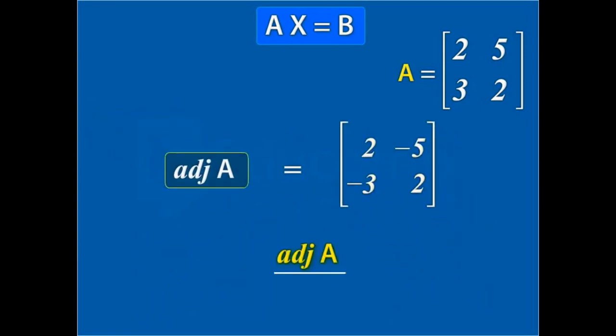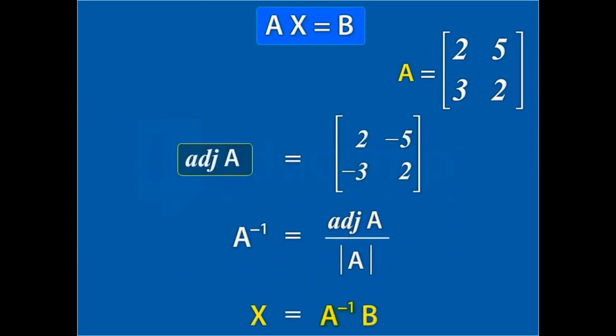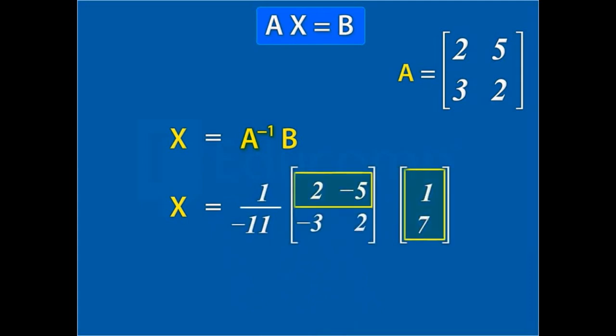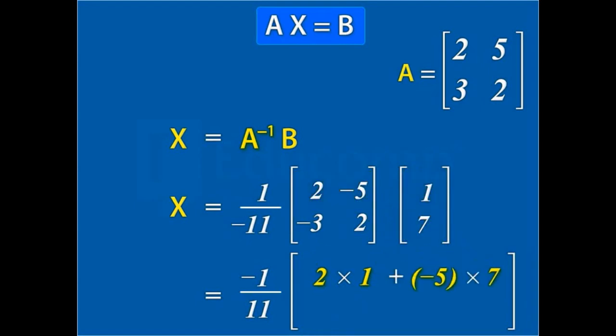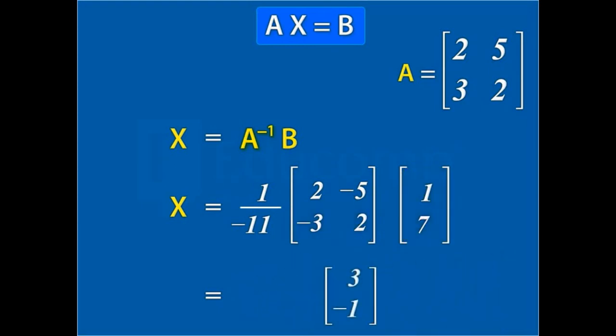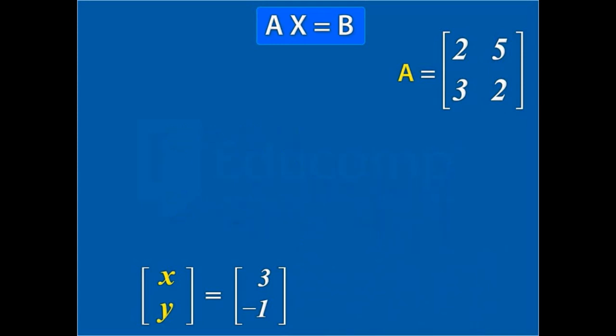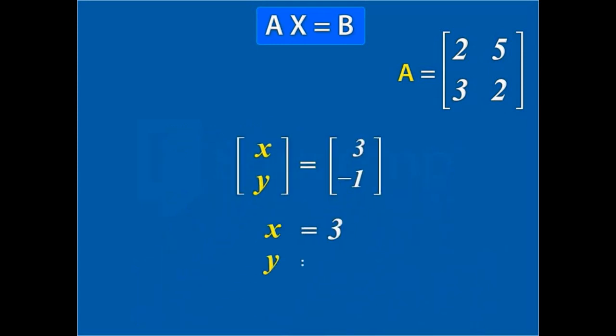When adjoint A is divided by determinant A, we get A inverse. When A inverse is multiplied by matrix B, we get a column matrix with the elements 3 and minus 1. X, the unknown matrix with the elements x, y, equals 3 and minus 1. This implies that x equals 3 and y equals minus 1.